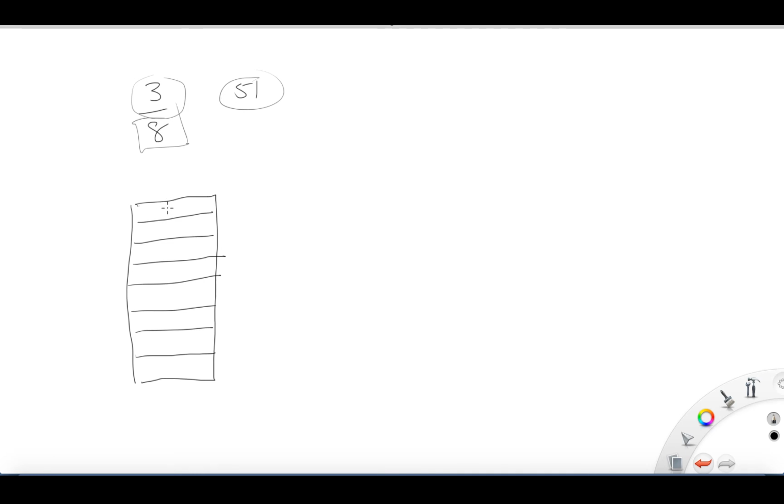Now to tell how many in each box, we have to use the first two numbers. So let's divide 3 into 51, and you'll notice here that we have 17 in each one. Alright, so let's fill each of these boxes in with 17, and now we can run our total.